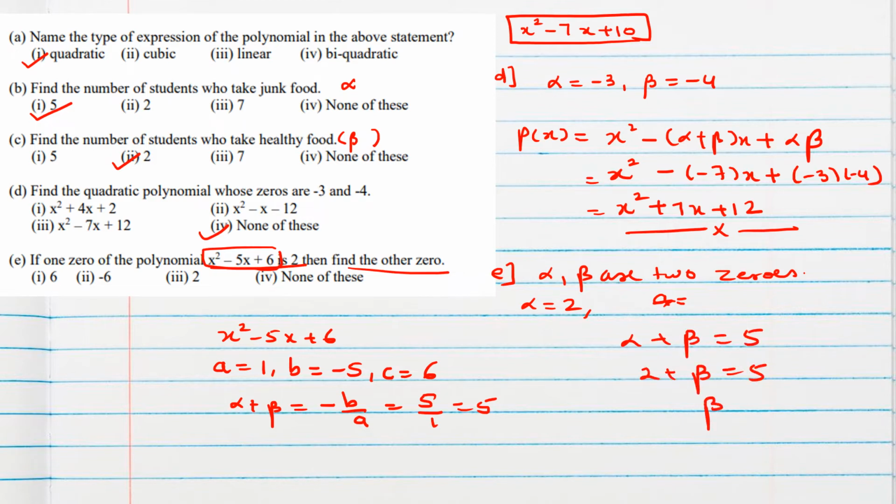So beta will be 5 minus 2, that is 3. Okay, so the other root will be 3, which is not in the options. So you can select again none of these. Okay, so this is a case study question. They will give one story, and according to that they will ask the question from your textbook itself. The concept and questions, only the values will be changed, but the concept will be from the textbook itself.